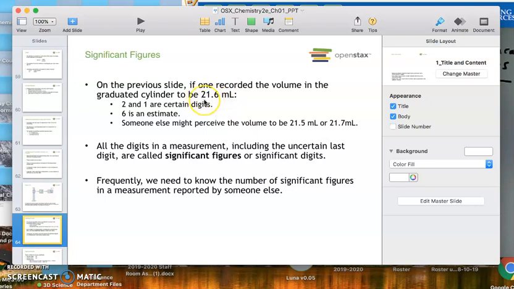Here it says that the volume seems to be 21.6 milliliters. But if your lab partner says, I think it's 21.5 milliliters, that's fine, because that last digit is an uncertain digit, basically an estimated digit. You're estimating between the hash marks. Now, how can you improve this?